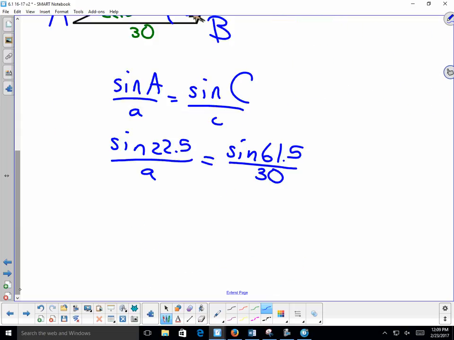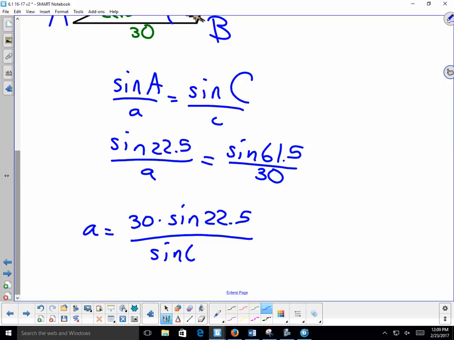If we're solving for A or H, wouldn't that be 30 times sine of 22.5 over sine of 61.5? Do people agree with that? Cross multiply and then divide both sides by sine of 61.5. You're doing this on your calculator. Got an answer? What'd you get? 13.06. Do people agree with that?